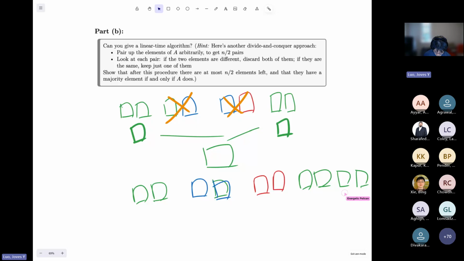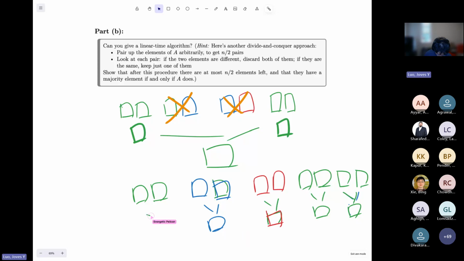So this is going to consolidate to one green. This is going to consolidate to one green. This is going to consolidate to one red. This is going to consolidate to one blue.